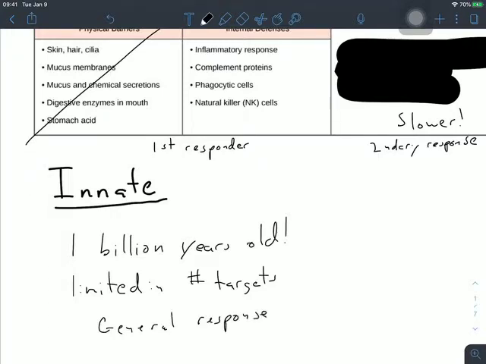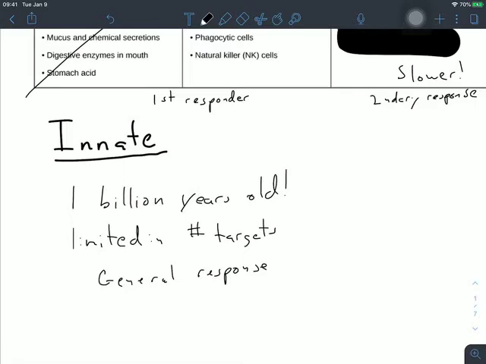So it's going to do a good job of wiping out things in a certain area, but it won't wipe out everything throughout the body. So you need both of these internal defenses, the innate and the adaptive immunity, and in fact they communicate to one another. When the innate internal defenses are triggered and they identify something that needs killing, they will then trigger the adaptive immune system to follow up.